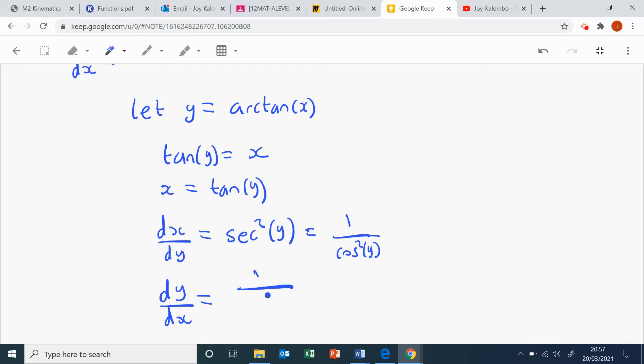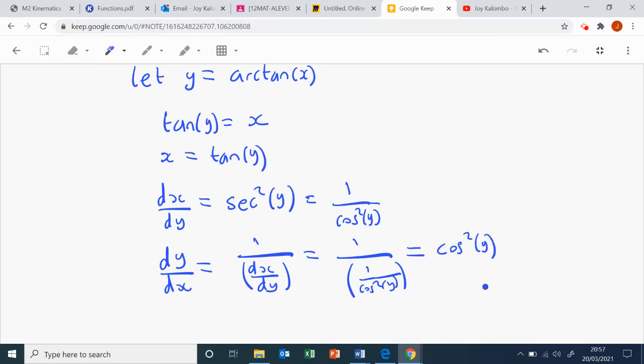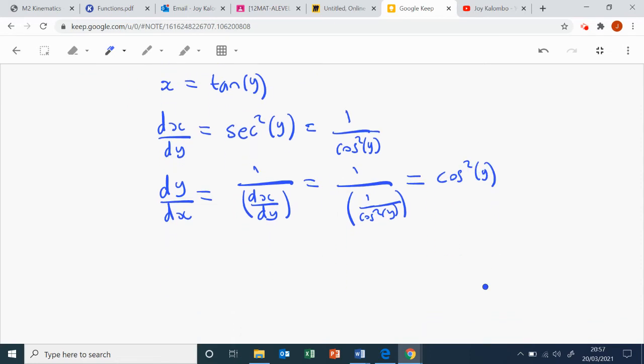So it's going to be 1 over dx/dy, which is the same thing as 1 over 1 over cos squared y. Flip, you get back to the original. So that's equal to cos squared of y. Okay, so now we've got it as cos squared y.